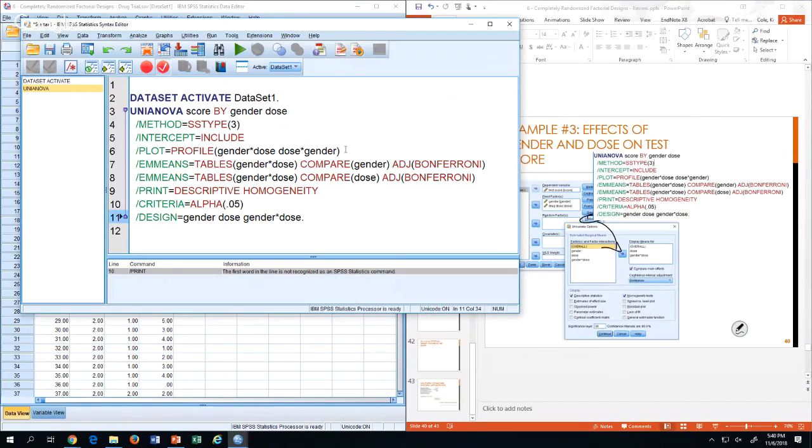The main thing, it depends how many lines you have, because I still have my plot in there, which you don't necessarily need.